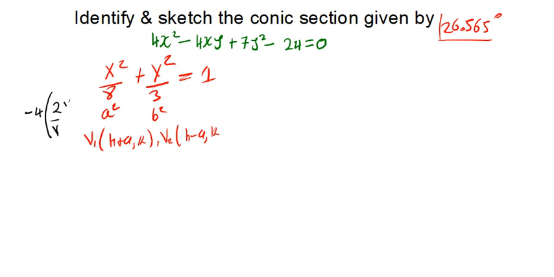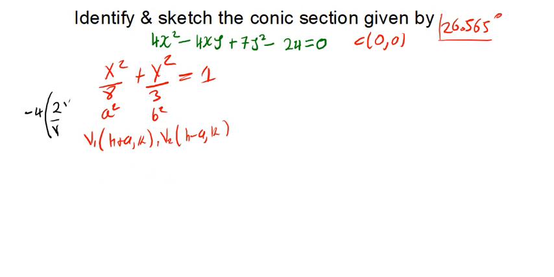Now let's replace with values. One thing I observe here is that my value of h and my value of k is 0, because this is centered at the origin 0 comma 0. That is what the equation tells me. It's not always the case.